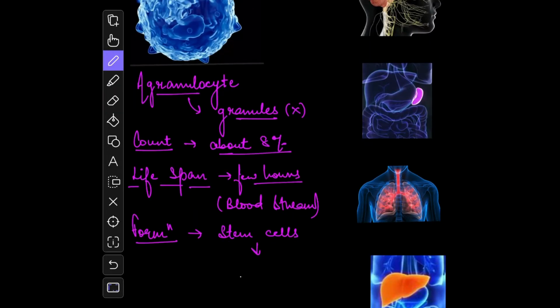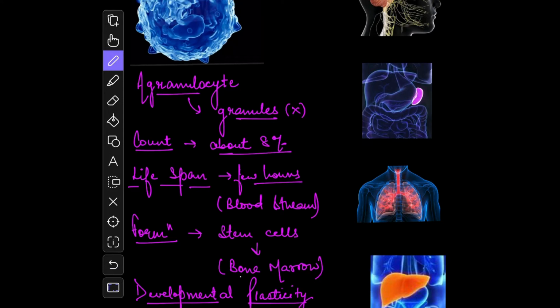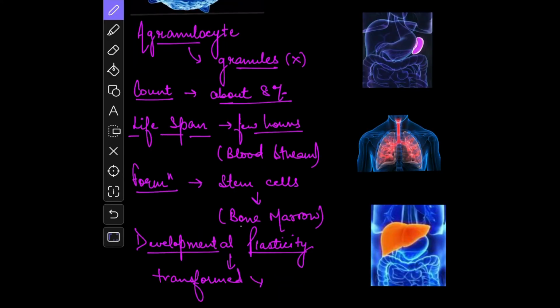Now they are formed from the stem cells in bone marrow. One feature which is very important is that they have developmental plasticity, which means that they can be easily transformed into macrophages, or the dendritic cells.